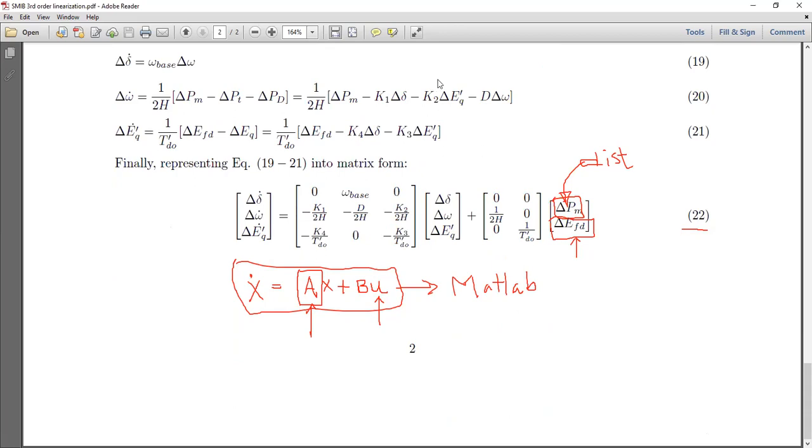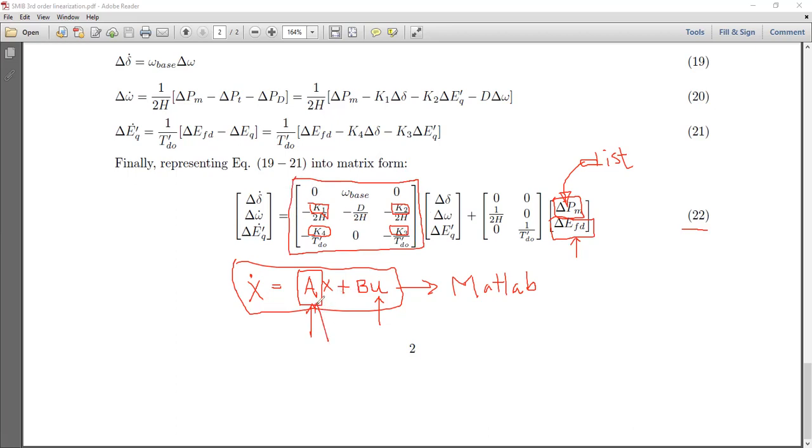The linearized model that we will be developing requires coding of a few constants here: K1, K2, K4, and K3. These four K constants are the parameters that must be calculated if we want to analyze this A matrix.